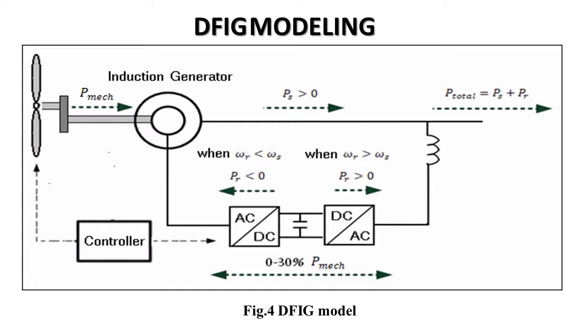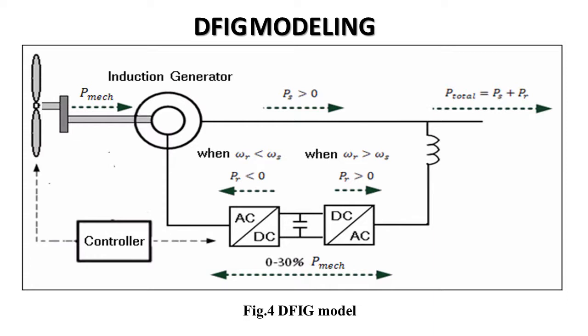Okay, modeling the double fed induction generator. Two power converter bridges connected back to back by means of the DC link can accommodate the bidirectional rotor power flow in a double fed induction generator. The purpose of the grid side converter is to maintain the DC link voltage constant.